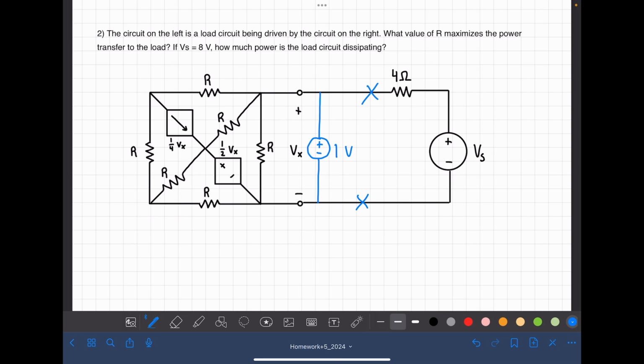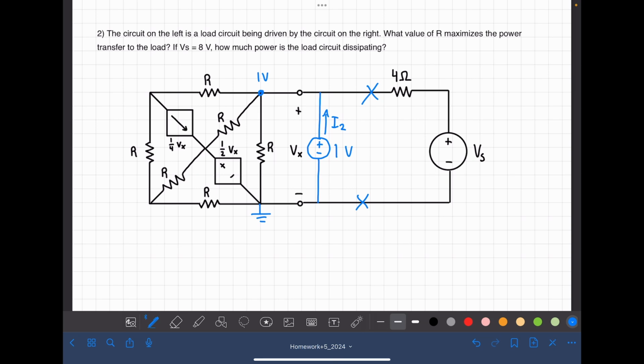So let's go ahead, set this to ground. That means this node will have a voltage of 1 volt, and in order to find the Thevenin resistance, we are trying to find the current, we'll call it IS, that is leaving our source.